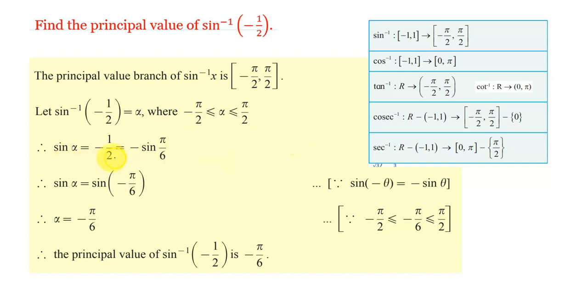Therefore sine of alpha is equal to minus 1 upon 2. But the value 1 upon 2 is for sine of which angle? It's sine of pi by 6. Again, sine of minus theta is equal to minus sine theta, and hence we can write alpha is equal to minus pi by 6, and hence the principal value of sine inverse of minus 1 upon 2 is minus pi by 6.